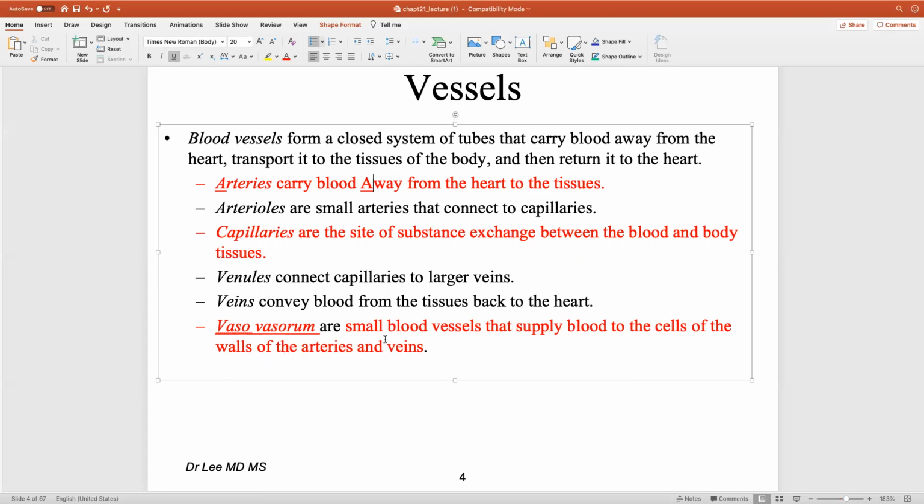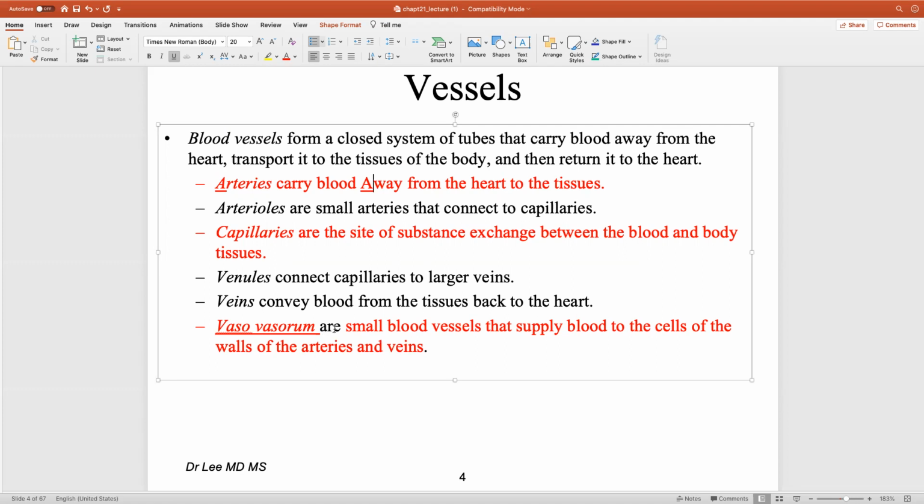Vasa vasorum are small blood vessels that supply blood to the cells of the walls of the arteries and veins. In other words, the cells that form the arteries and the veins also require blood. They also require nutrients like oxygen, glucose, and fats. At the same time, they can't receive them from the blood that's actually coursing through them. So they have their own blood vessels.